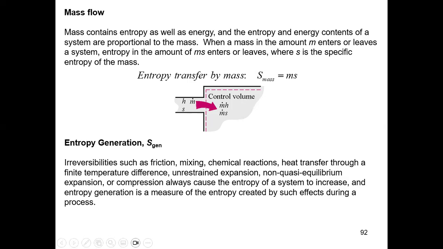Okay. Entropy generation: irreversibilities such as friction, mixing, chemical reaction, heat transfer through a finite temperature difference, unrestricted expansion, non-quasi-equilibrium expansion, or compression always cause entropy of a system to increase, and entropy generation is a measure of the entropy created by such effects during a process.